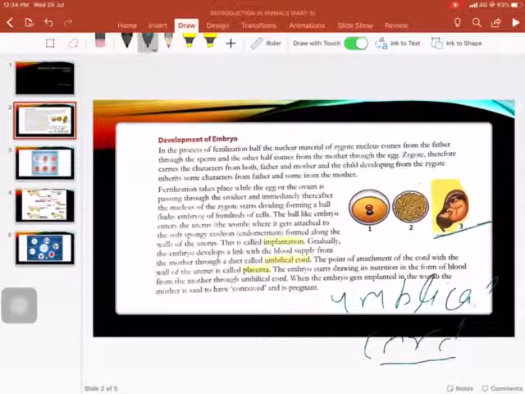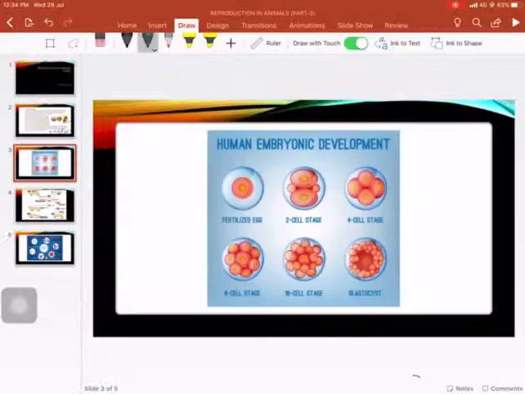Now, how does the baby develop in the mother's womb? I am again showing you the stages. These are the development stages of the embryo. By the time the embryo is 5 weeks old, it may have eyes and be able to hear. By the time it is 12 weeks, the embryo is an immature baby and it is called the fetus.